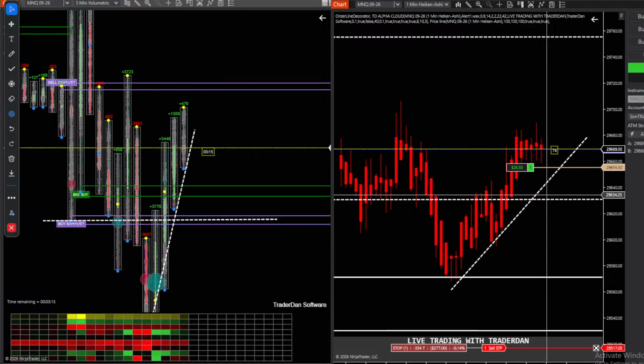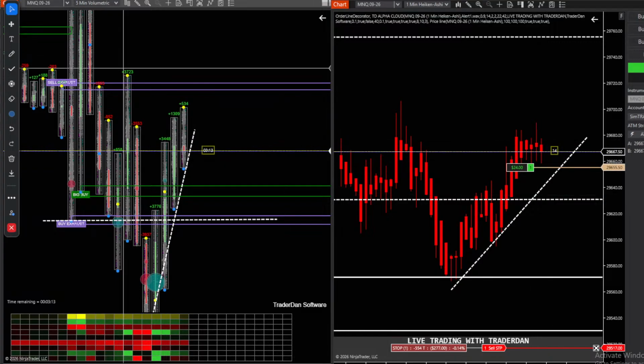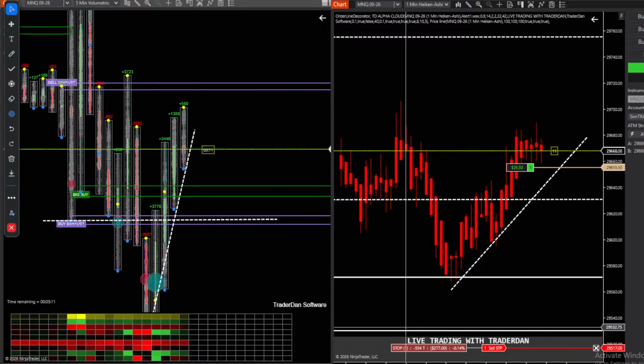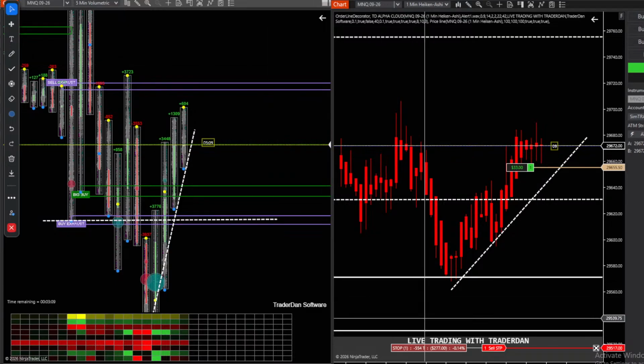Come on, man. We don't need a pullback. We need to get above this, and then we can get the pullback. I don't want the pullback now. If we get the pullback now, that means the sellers take back control.